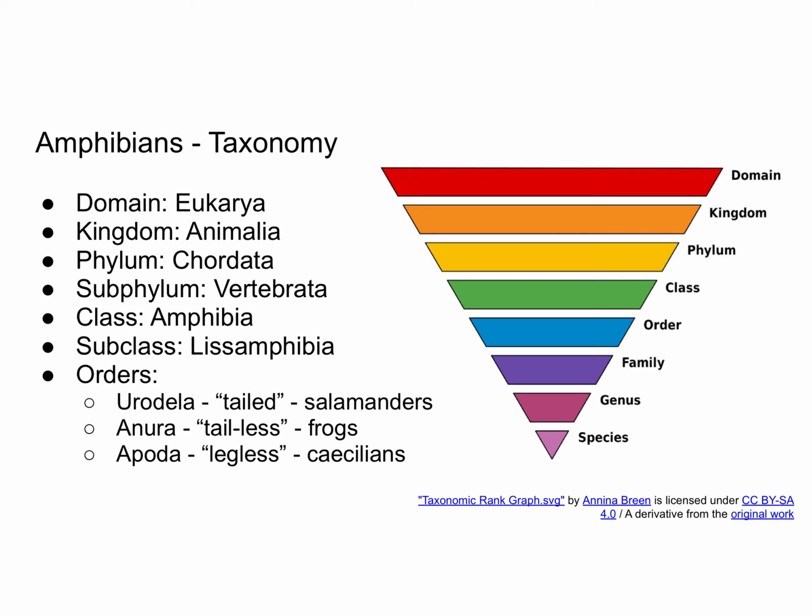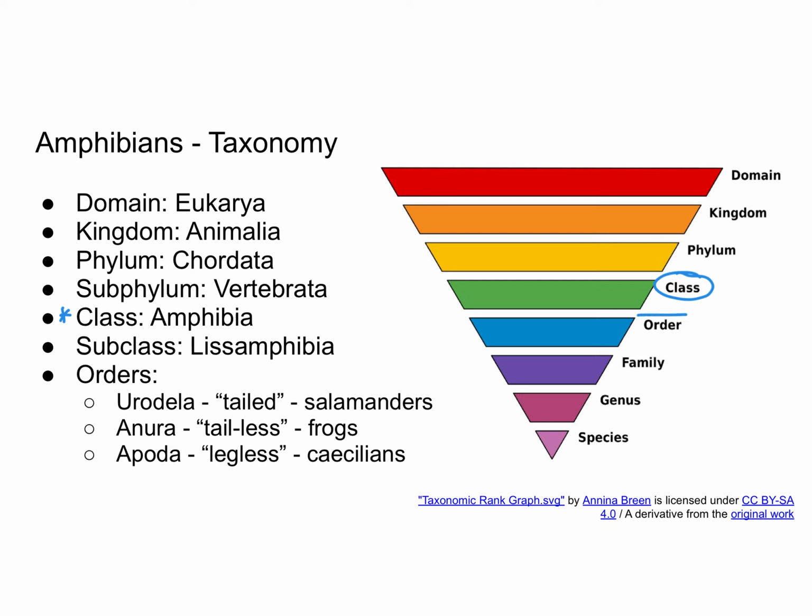And then the subphylum Vertebrata includes things like amphibians, reptiles, mammals, and birds. Where we get really specialization is at the class level here. So amphibians are in class Amphibia. They are in a subclass known as Lissamphibia.